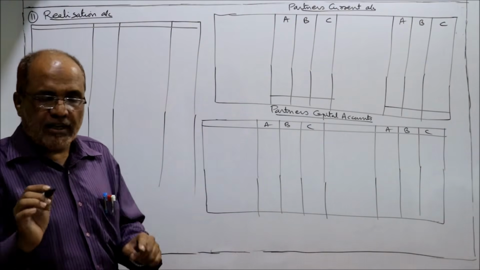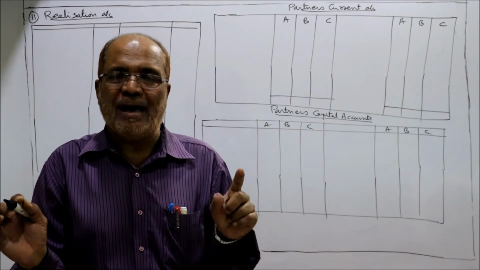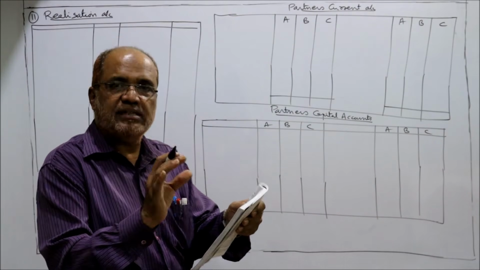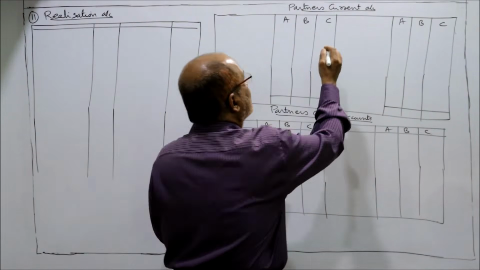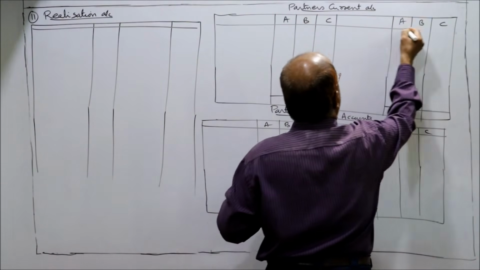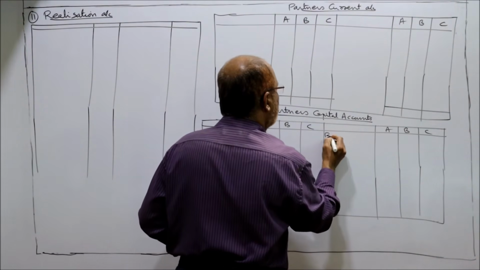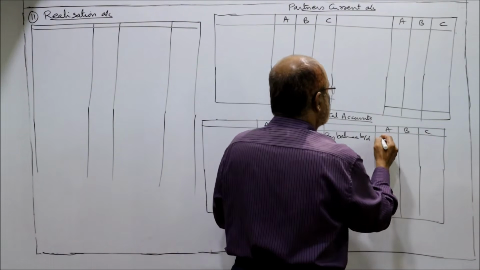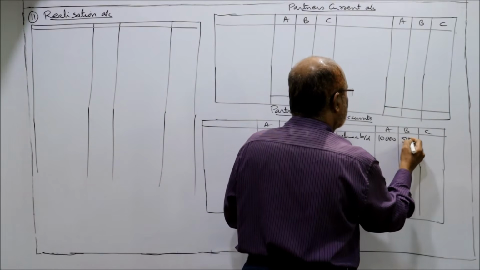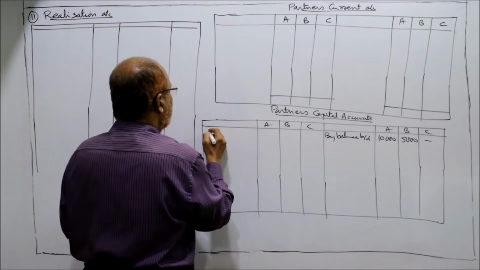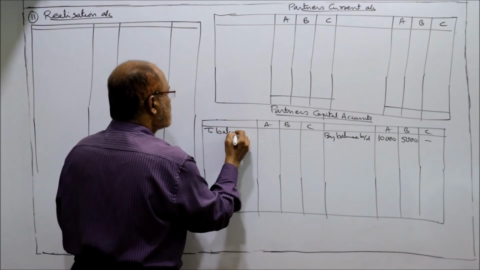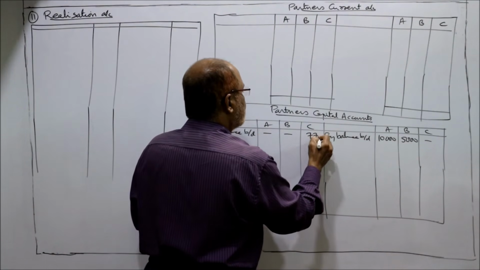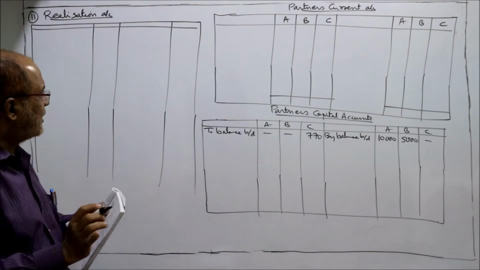Now see here, first of all, in the problem current accounts are not given; the balance sheet only gives capital accounts, and in that, A and B have credit balances on the liability side. So in the capital account, balance brought down is 10,000 and 5,000, whereas C has a debit balance. So C's capital is showing 770 as balance brought down. These are the opening balances we have taken.